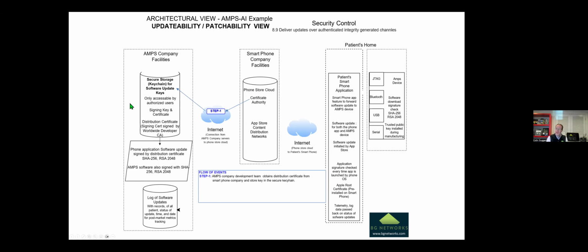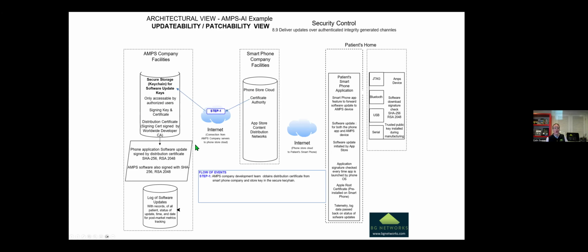So in software updates, the FDA does want to know that your development process includes secure storage and role-based access control to those keys. In other words, only a limited number of people will have access to those keys that are used for signing the software. So we're saying only accessible by authorized users.